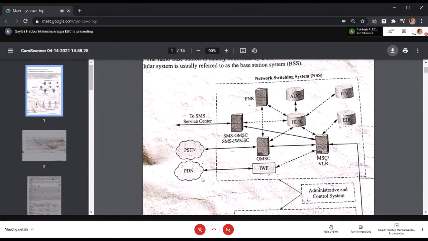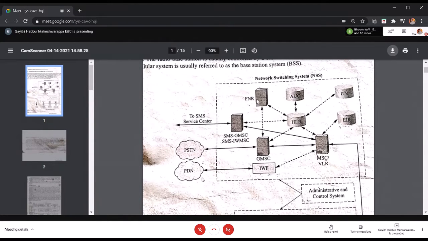So SMS GMSC for incoming and SMS IWMSC for outgoing to a service center. So these are the external interfaces connected other than the network switching system, that is, to the SMS service center, the PSTN for landline mobile networks or the public switched telephone network, and the public data network for internet connection.